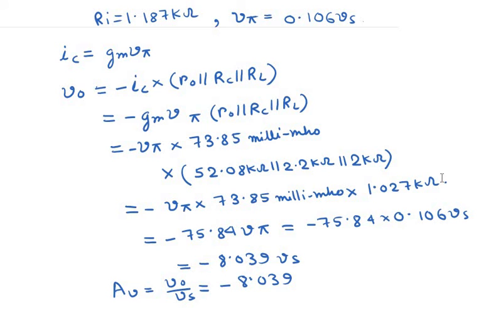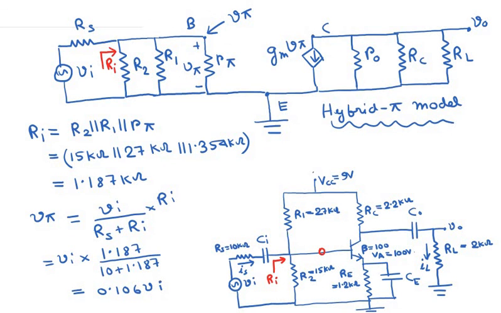Now we are also asked to calculate the current gain, which is basically the ratio of the current across the load resistor, I0, and the current that the input signal source is providing, Is. Let me show these currents here.